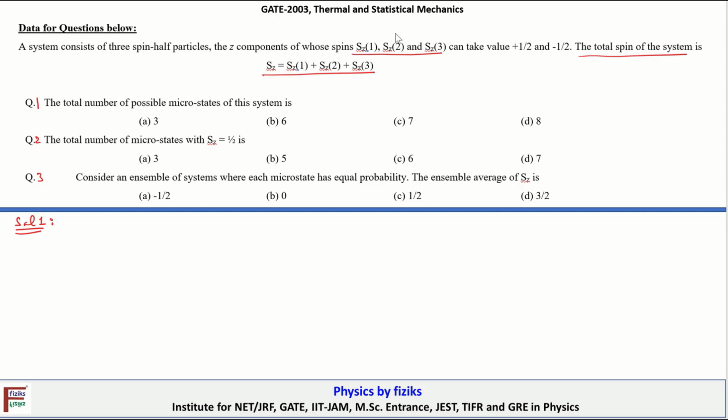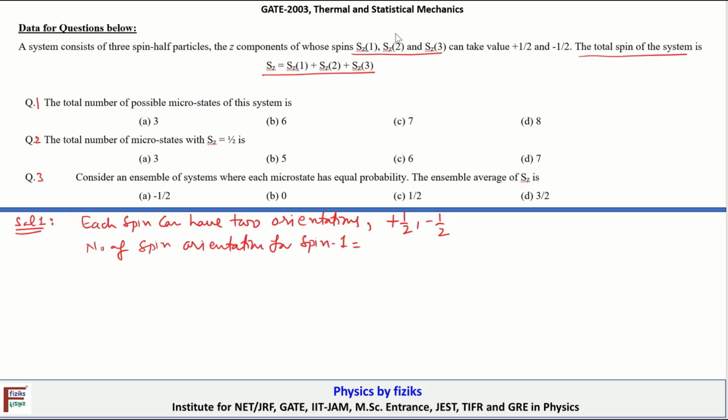Solution 1. Because each spin can have 2 spin orientations, that is, either plus half or minus half, the number of spin orientations for spin 1 is equal to 2.